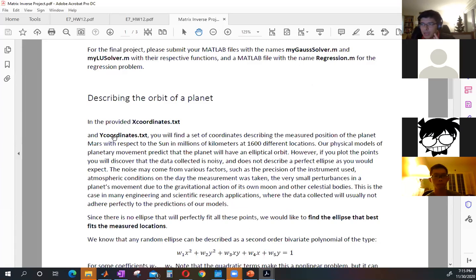And we know from physics that planets should describe elliptical orbits, right? But you will discover if you plot these coordinates that they do not actually describe a perfect ellipse. Why? Because there is noise in our measurements. So these are measured positions.